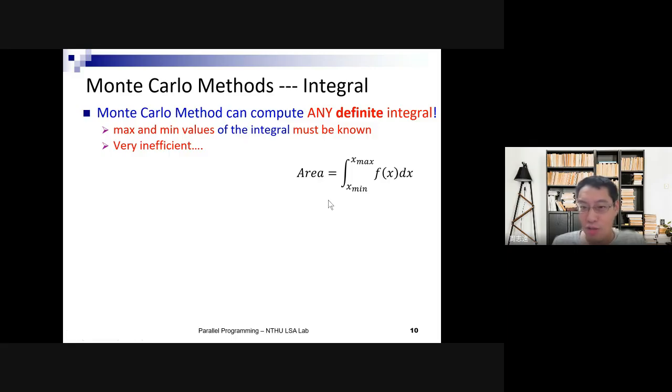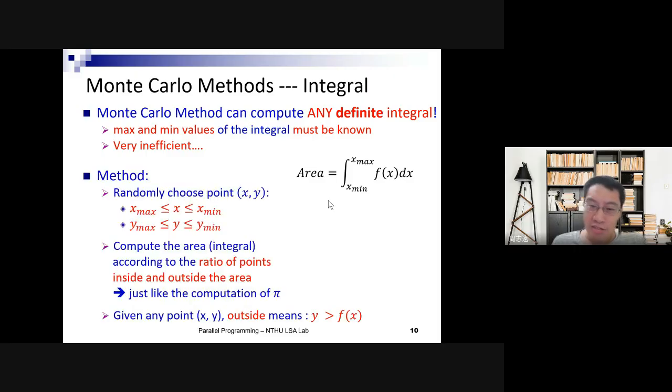Sometimes it's hard to compute an integral, or you simply don't want to remember the equation. An easy and the best way for computers is again to apply the Monte Carlo method, so you can even solve the integral problem on arbitrary functions.